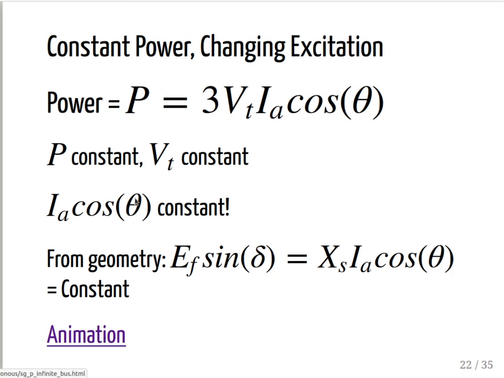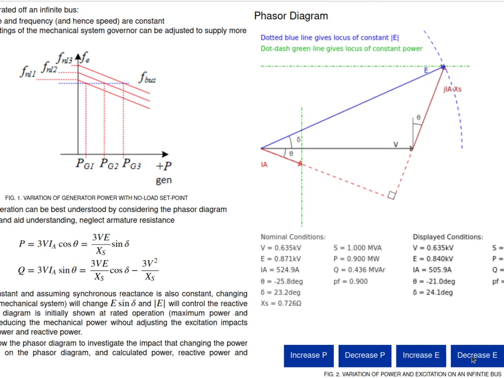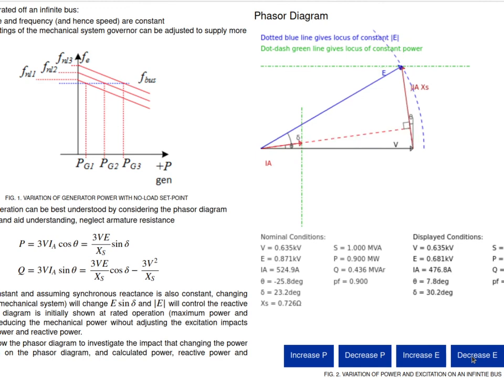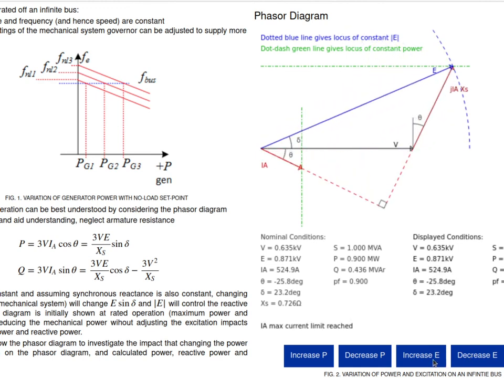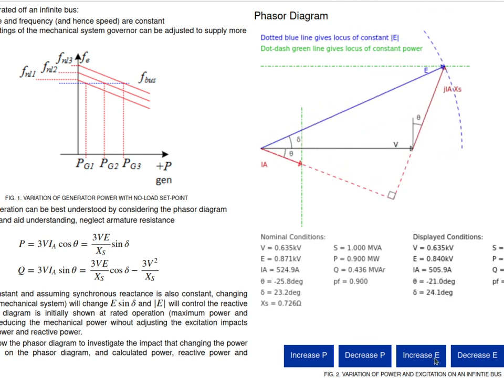And let's look at the same animation. Okay, so if I don't change the power, so it is working at constant power, and if I just play with the field current to change the magnitude, let's just have a look at the green arrow. It is just moving along that line if I'm not changing power but increasing field current.